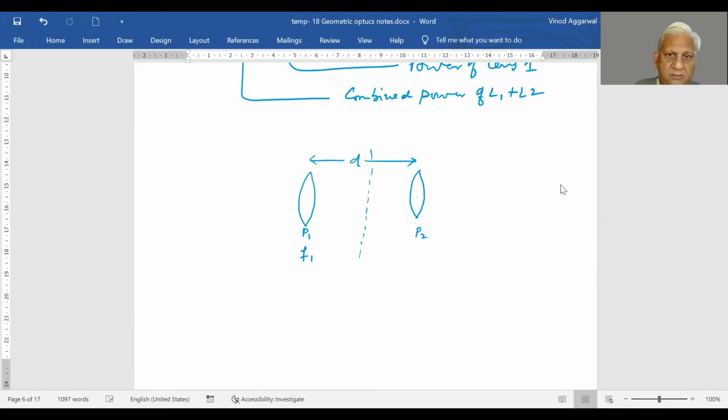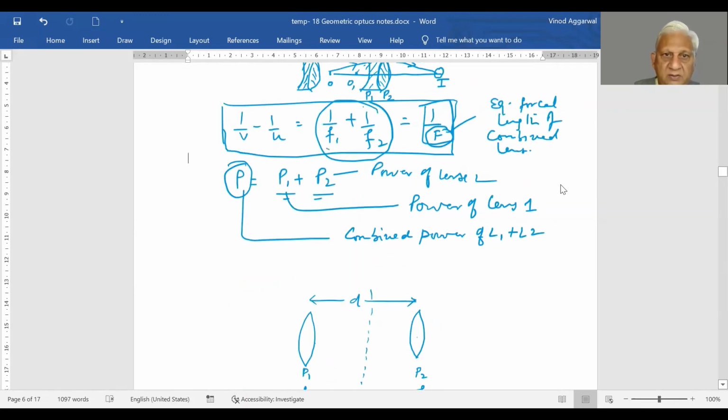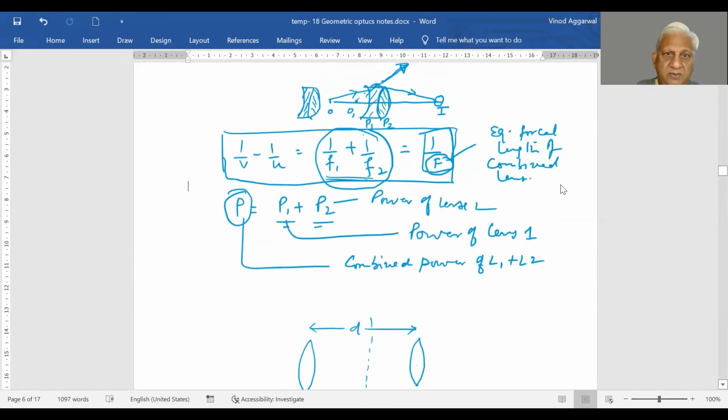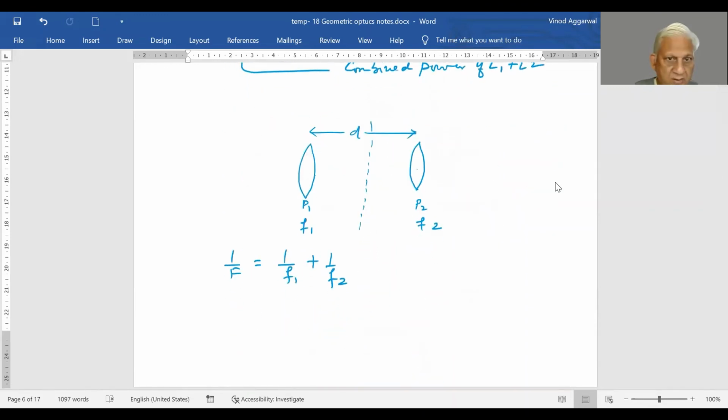Say this is focal length 1, this is focal length 2. Then the focal length of the combined lens will be defined as, earlier we just said 1 over f1 plus 1 over f2. This was the case when there was no distance between them, they were kept together. But when they are separated, another term comes in, which is d by.